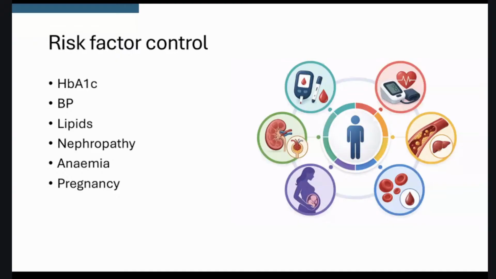And so the options you have are observation, and in some patients you could observe and hope that once they deliver, the ocular condition can improve. You can offer them laser, or you could consider intravitreal steroid.